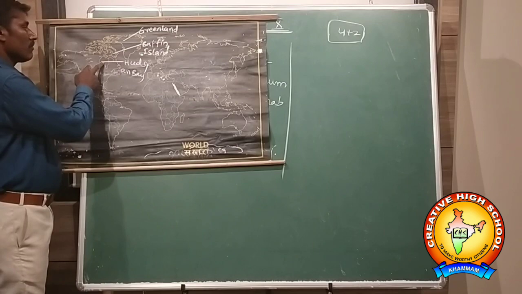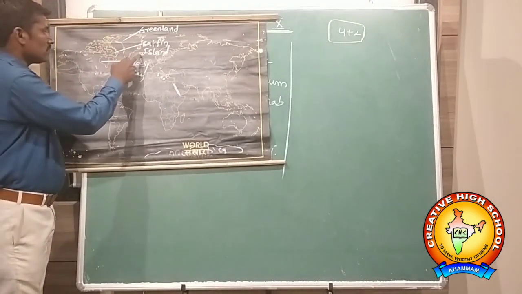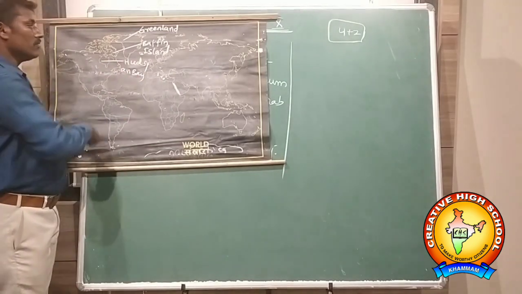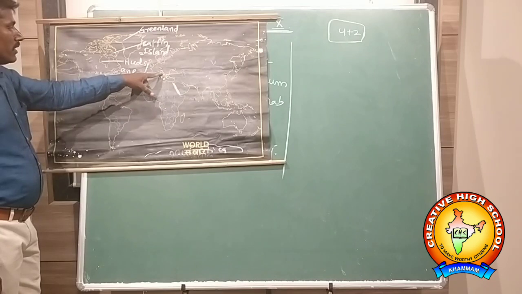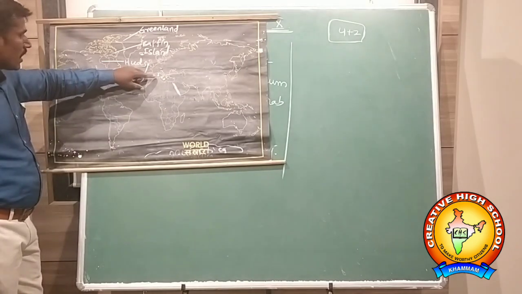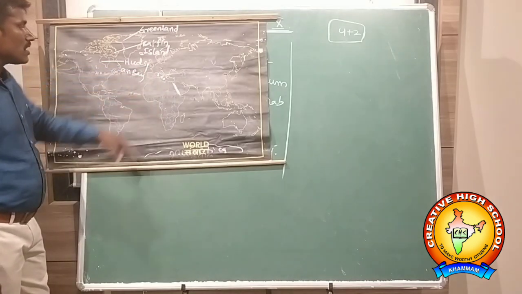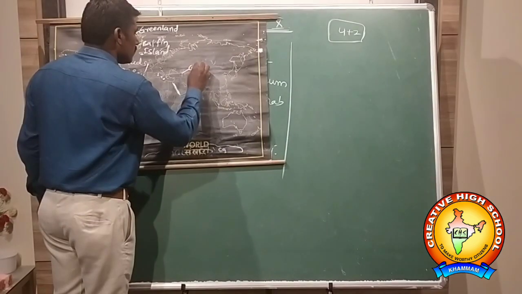Hudson Bay, Baffin Island, Greenland, Iceland, Ireland, Mediterranean Sea, Italy, Sicily, Corsica, Sardinia, Red Sea, and Caspian Sea.